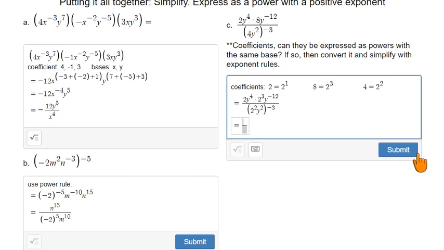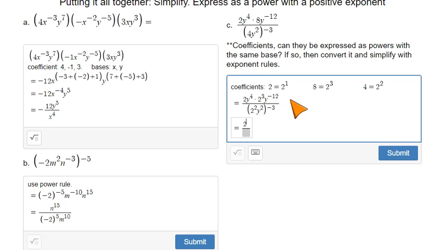The first one in the numerator, the product rule: I have 2 to the power of 1 times 2 to the power of 3. That gives us 2 to the power of 4. The next one, y to the power of 4 times y to the power of negative 12. 4 plus negative 12 gives us negative 8.